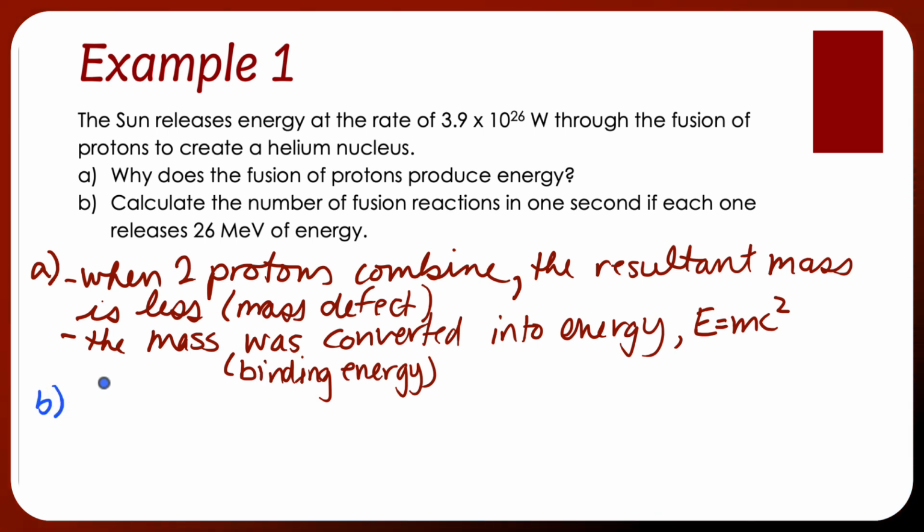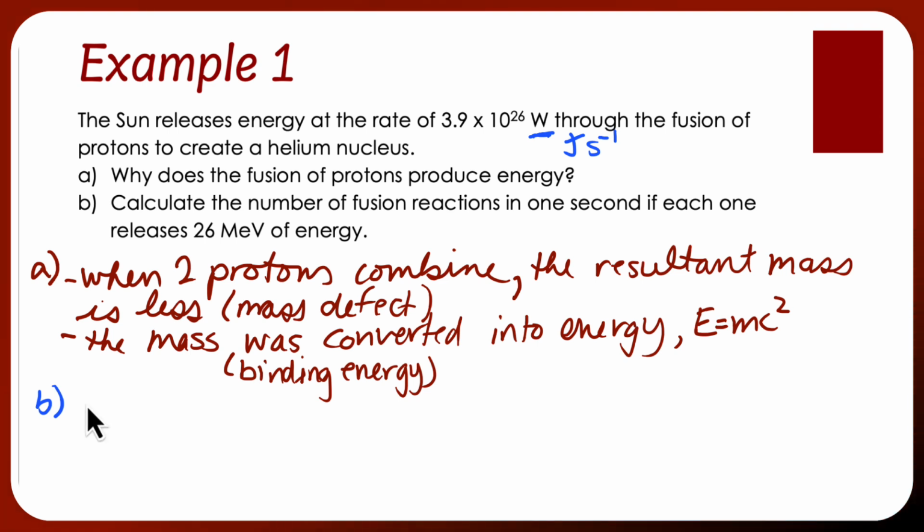Okay, part B. Calculate the number of fusion reactions in 1 second if each one releases 26 mega electron volts of energy. Now, it wants to know about the amount each second, and that's where I say, remember what a watt is. That is actually a joule per second. That means watts is the amount of energy per second.